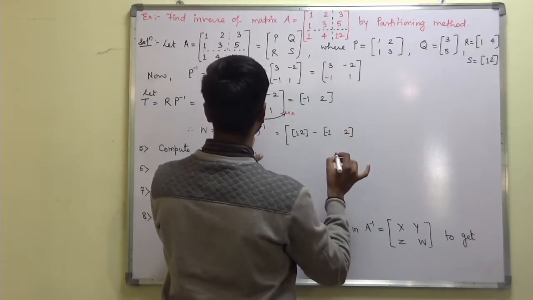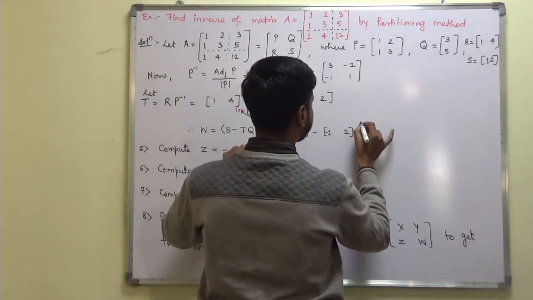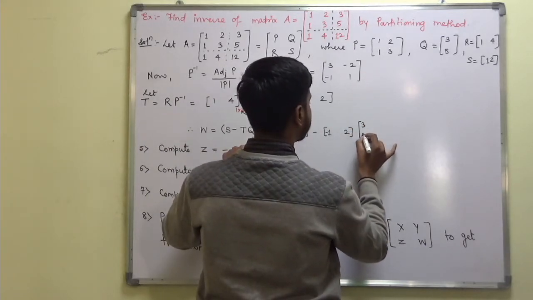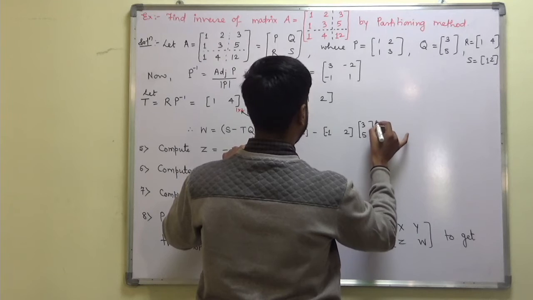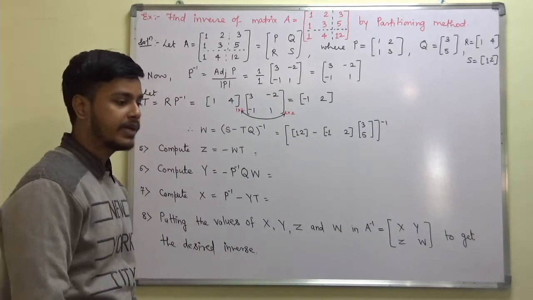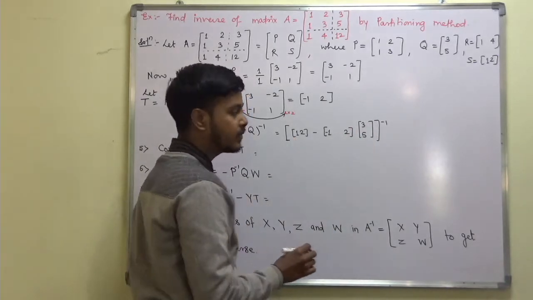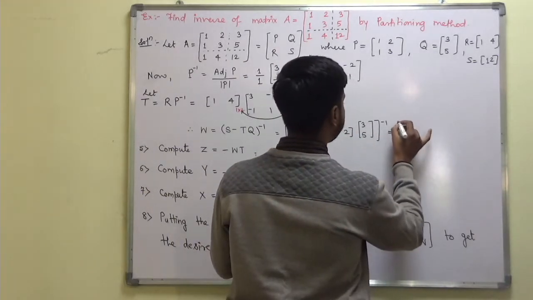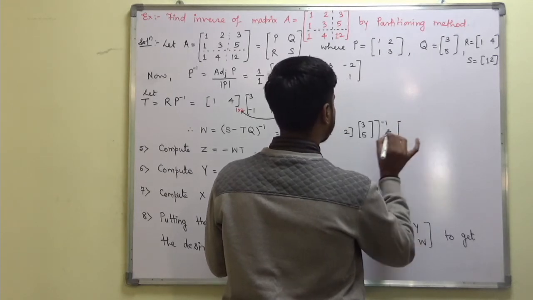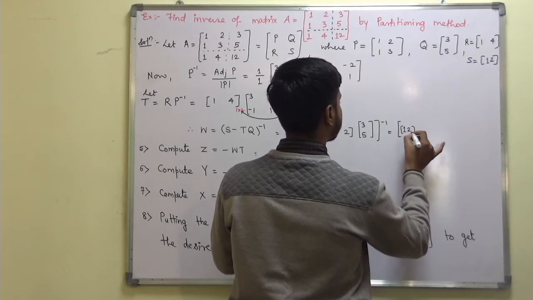What is Q? Q is this, 3, 5. And here is its inverse. So you can just find out these things. So this is 12. Now you can just solve this.